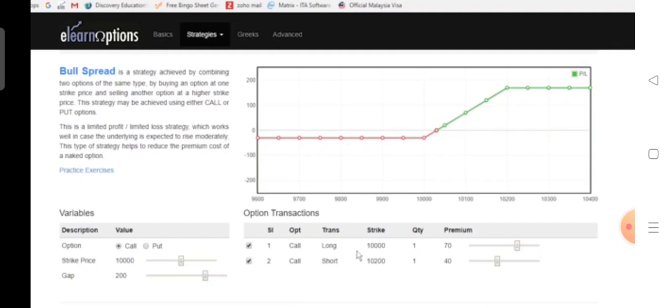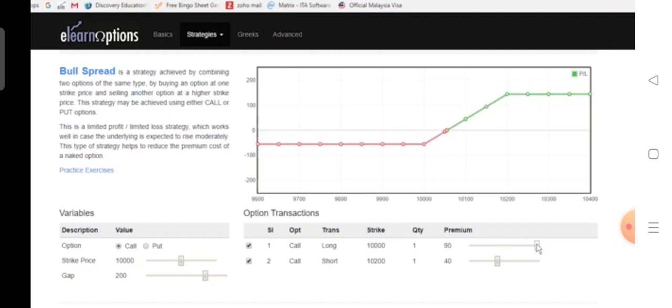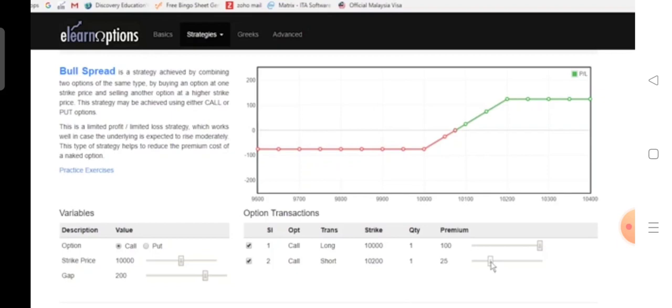We have various premiums. So if we buy a 10,000 call at, say, 100 rupees and we simultaneously sell a 10,200 call option at a premium of 25 rupees, what can we see? The maximum loss would be the premium outflow. The net premium outflow would be 100 minus 25, which is 75 rupees.